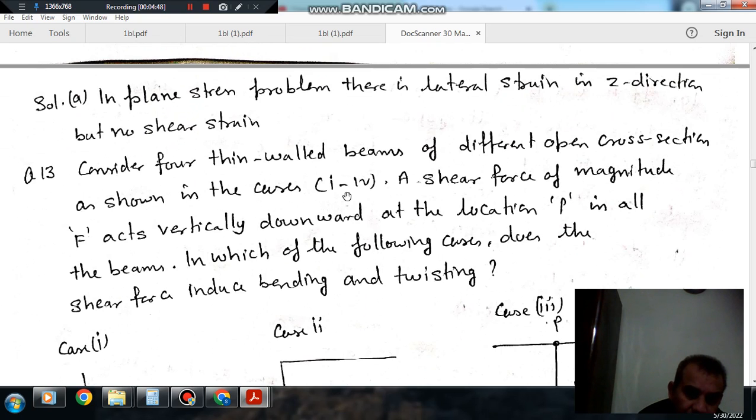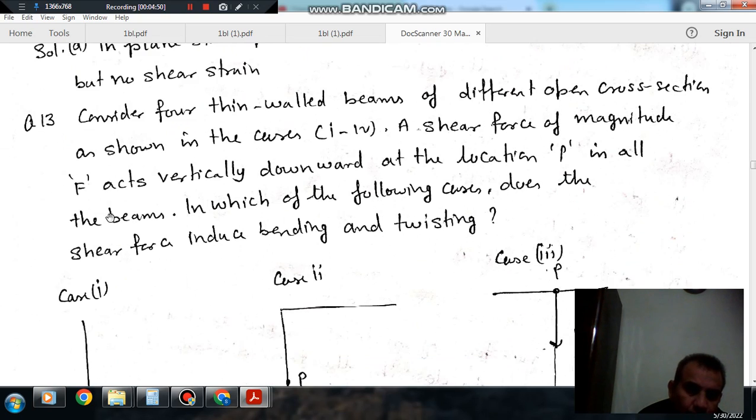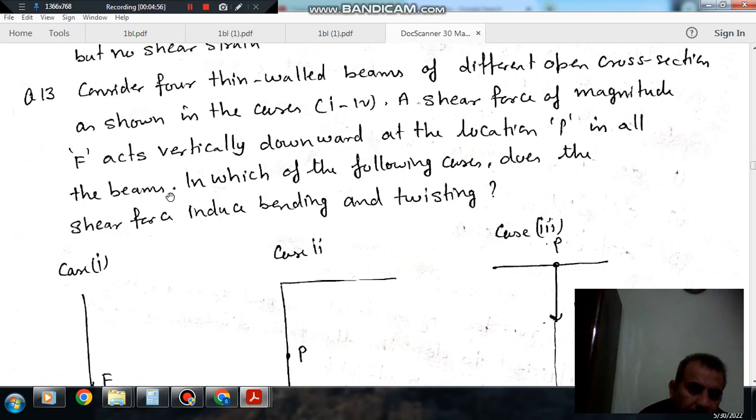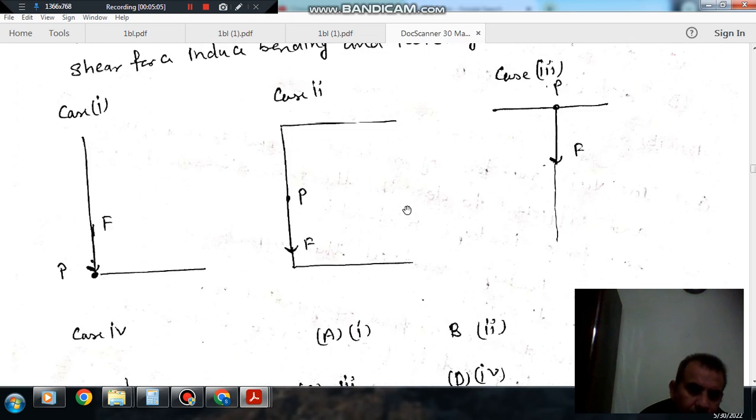Next, consider four thin wall beams of different open cross sections as shown in the figure. As shown in cases 1 to 4, a shear force of magnitude F acts vertically downward at location P in all the beams. In which of the following does the shear force induce bending and twisting?